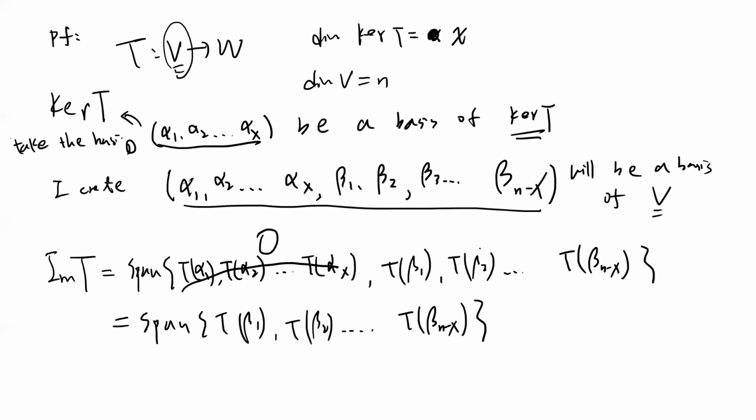So in total we have n minus x vectors. The rest is just to show that I already proved the image of T is spanned by these vectors.